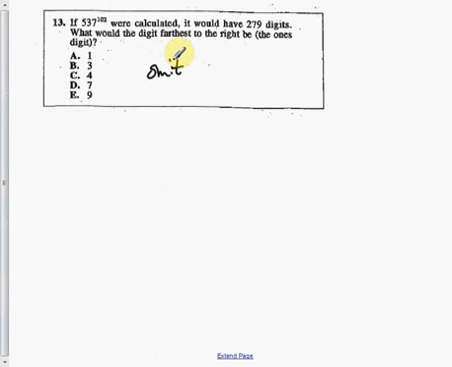That's number 13. The answer for that is 9, but it's okay. I wouldn't even waste your time trying to explain.